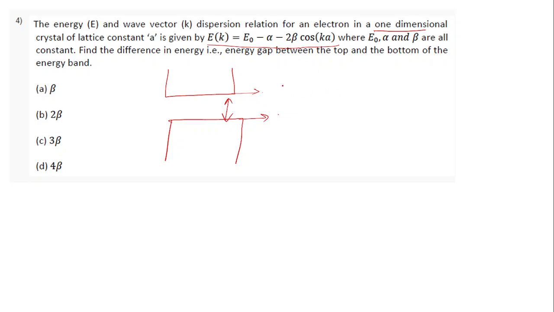For this, E is this expression. The energy at the top of the band is maximum, and at the bottom of the band the energy value is minimum.